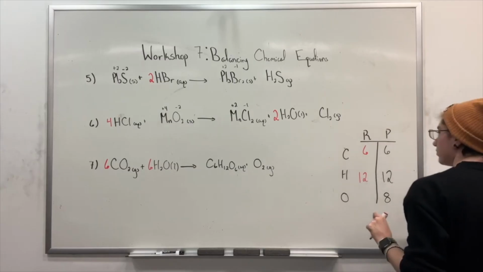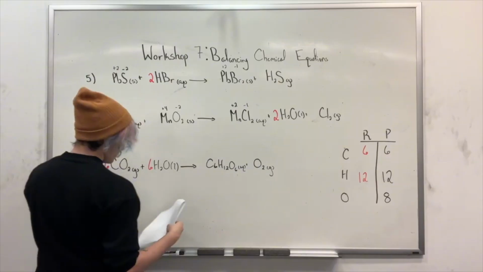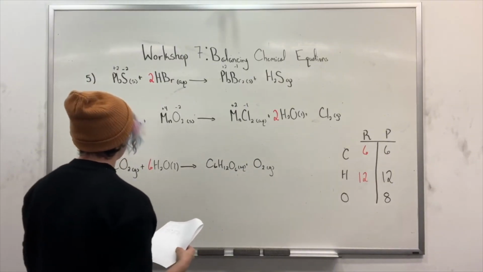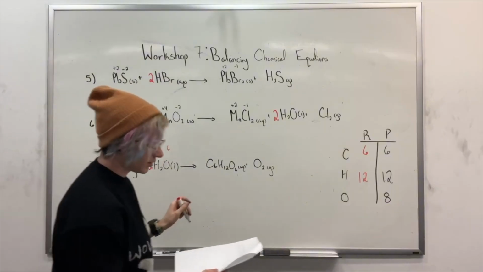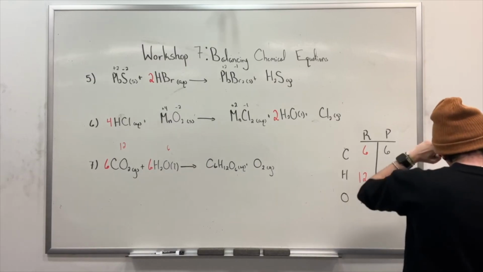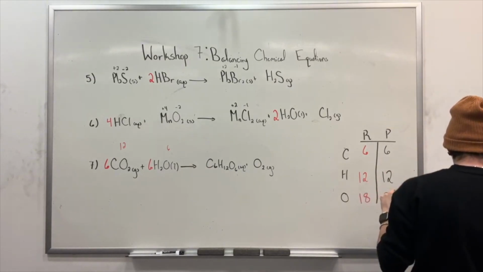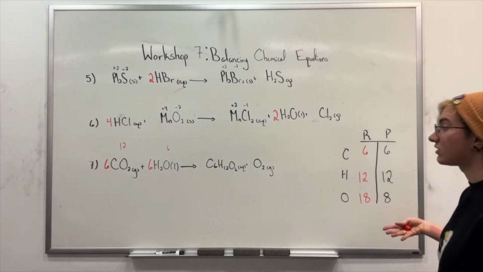And now to add up what we have: 12 oxygen from our carbon dioxide, and 6 from our water. So we have 18 oxygen on this side. And so now, they're both even numbers, so we don't need to utilize fractions in this case.